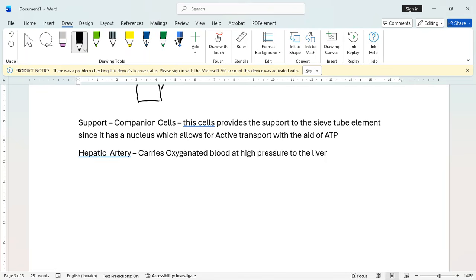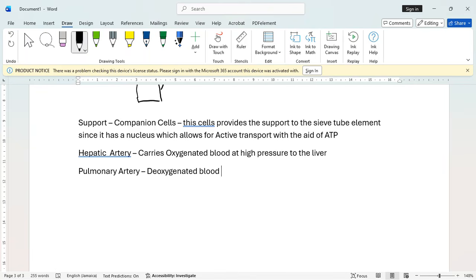But when we look at the pulmonary artery, what does it carry? Remember, I was hinting at it.